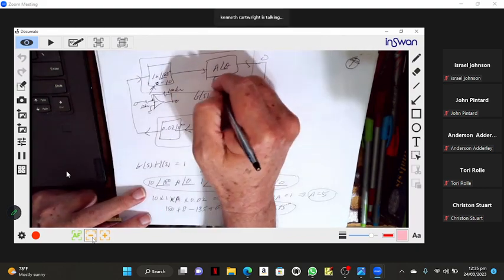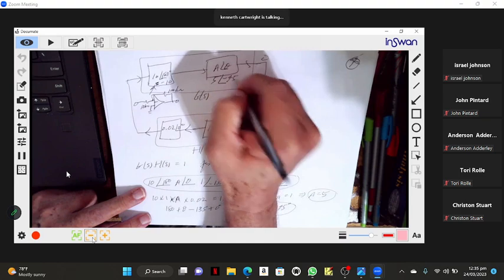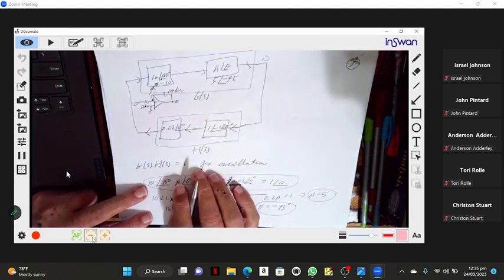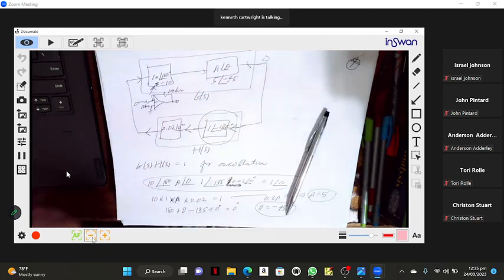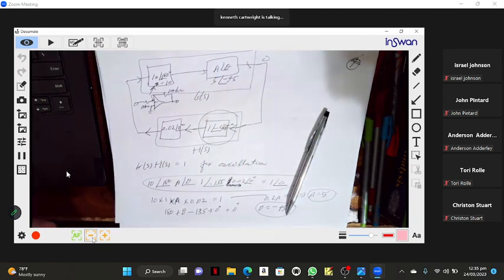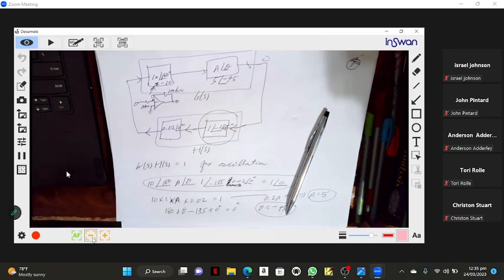Now we know this is 5 at negative 45. How do we get a gain of 1 at negative 135? What device creates a gain of 1 and a phase shift of negative 135?